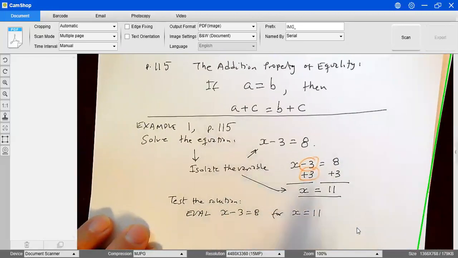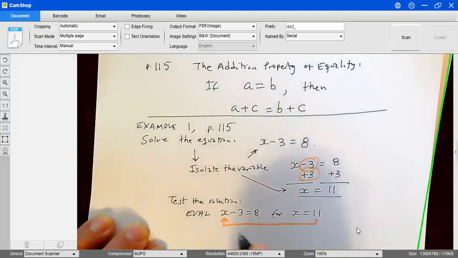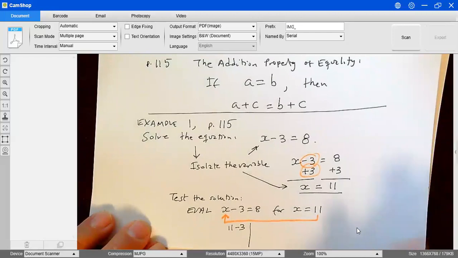Evaluating means, if you remember, just replacing every x with 11 in this case. So let's do that. We're gonna have 11 minus 3. So that's my left-hand side. Remember, when we are evaluating equations, we work the left-hand side and the right-hand side independently.